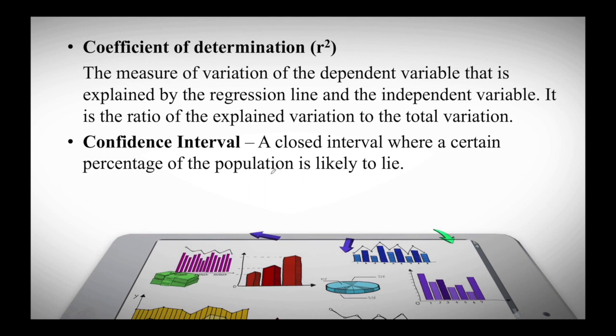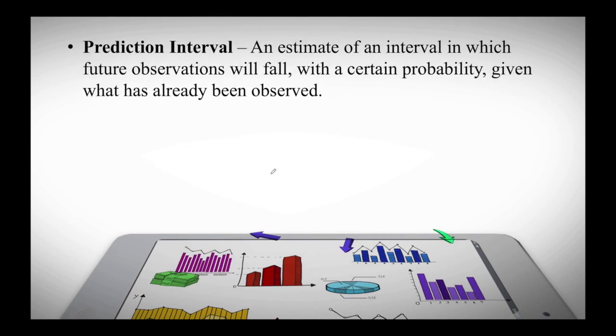Confidence interval, alam nyo na to, nabanggit natin to nung our previous lecture. So, this is a closed interval where a certain percentage of the population is likely to lie. Ano yung range? Ano yung lower and upper limit, no, of the confidence? And of course, if we have the confidence interval, we also have the prediction interval. Ito naman, guys, ang pinagkaiba niya sa confidence interval is that confidence interval is the interval na pwede natin makuha using our data, no?